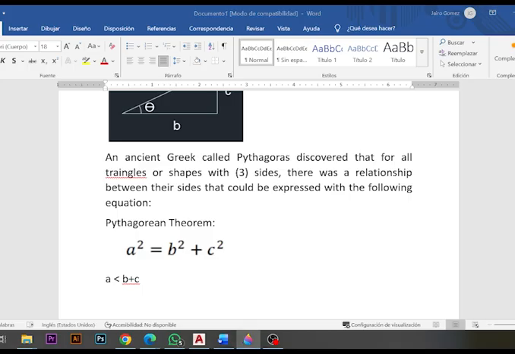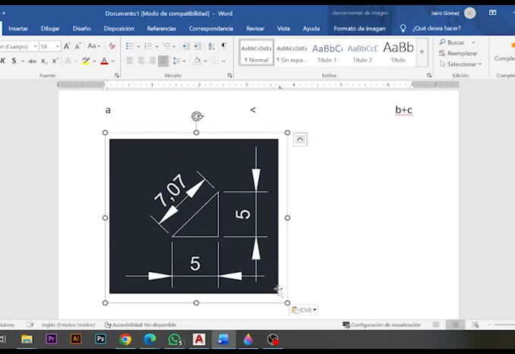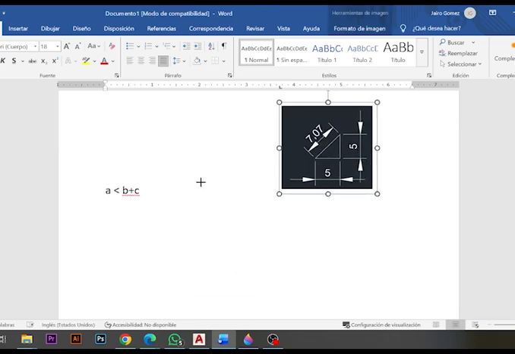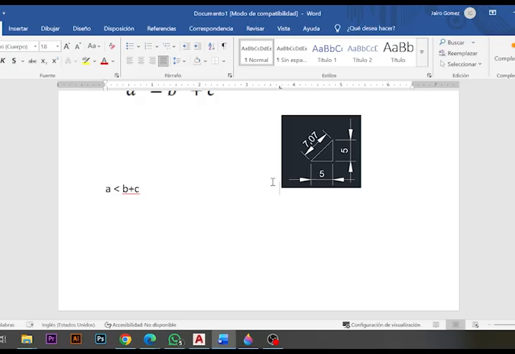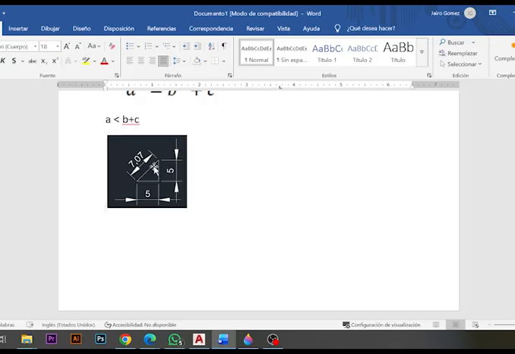When side B and C are the same length, side B plus side C is equal to 10, and side A is 7.07. So in this case, side A is 2.93 less than side B plus side C. What happens when side B or side C gets a little bit bigger than the other?